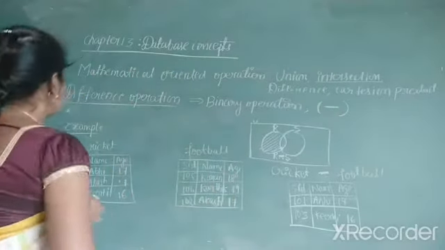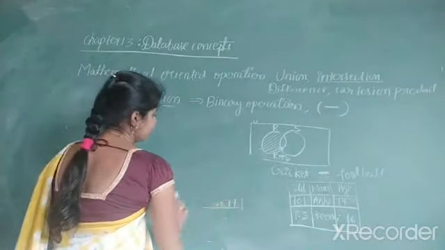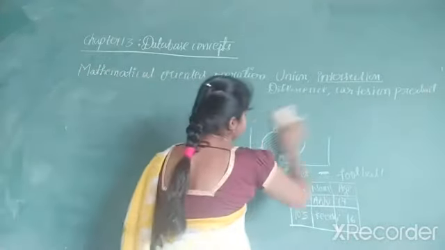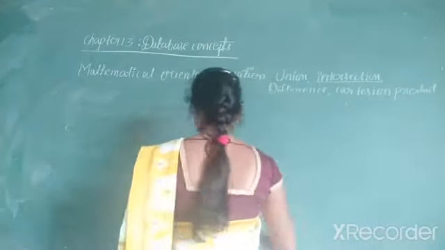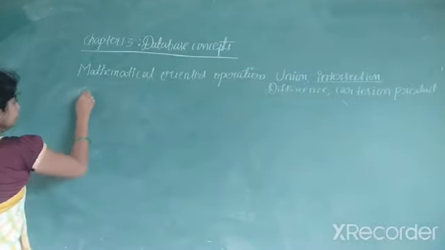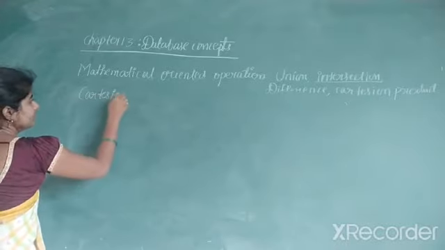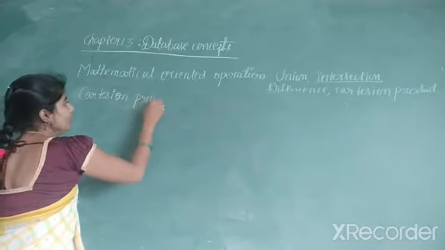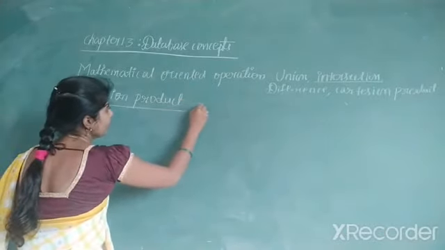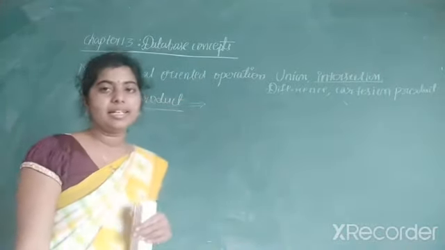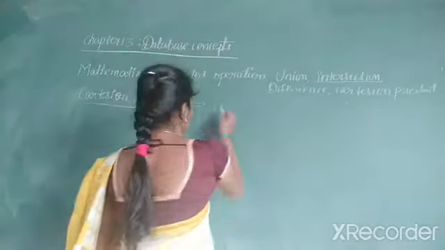And the last mathematical operation, a very important one, is called Cartesian product. The Cartesian product is also a binary operation, which is represented by the cross symbol.